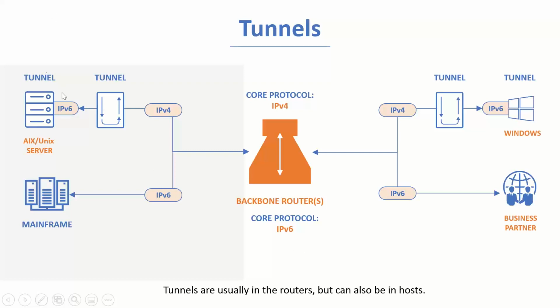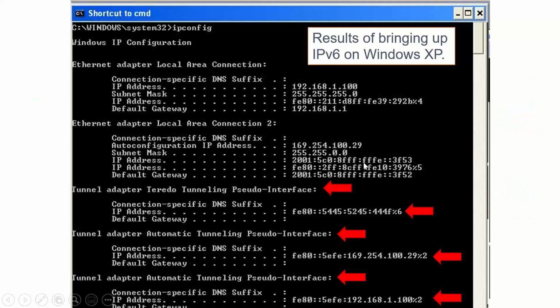Let's say that you've got some host at this end. You can set it up at the host, but you can set it up at the router too, or a separate box, something like that. And then you just encapsulate and send it over. From a conceptual level, it's relatively easy to understand.